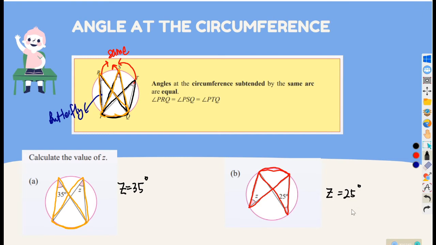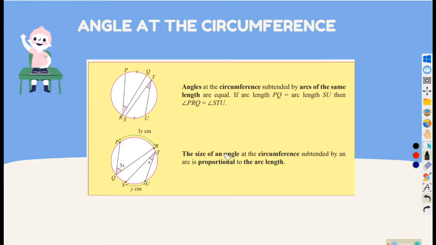This is the first property, which is that angles at the circumference subtended by the same arc are equal. So we move on to the next one. Angles at the circumference subtended by arcs of the same length are equal. If arc length PQ is equal to arc length SU, then angle PRQ is equal to angle STU.